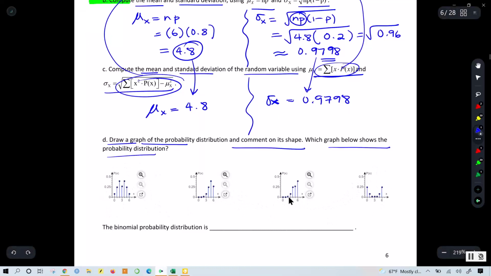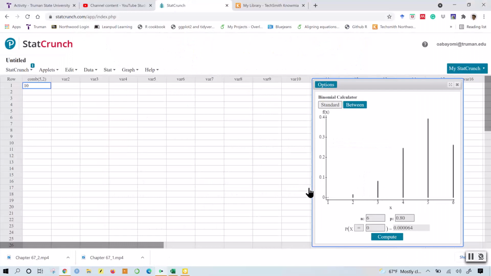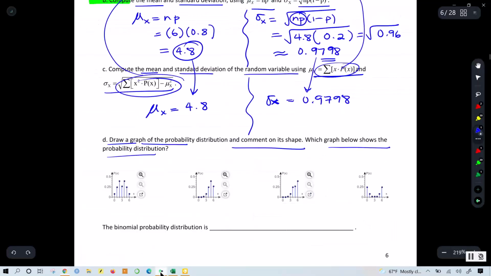Let's see, in this case, it's going to be between this guy and this guy. Which one do you think it is? Looking back, you can see that this goes up a little bit, then peaks, then drops. So let's see. In this case, this goes up a little bit, peaks, and then drops. It is definitely this second one.